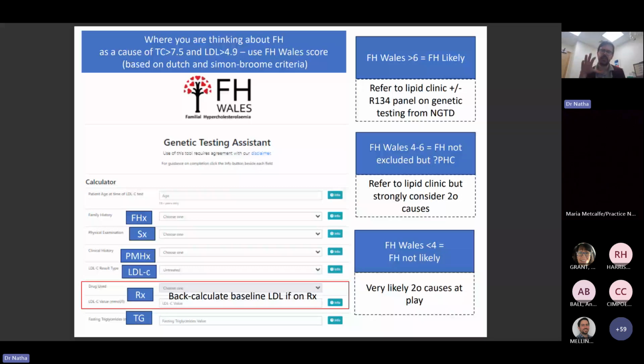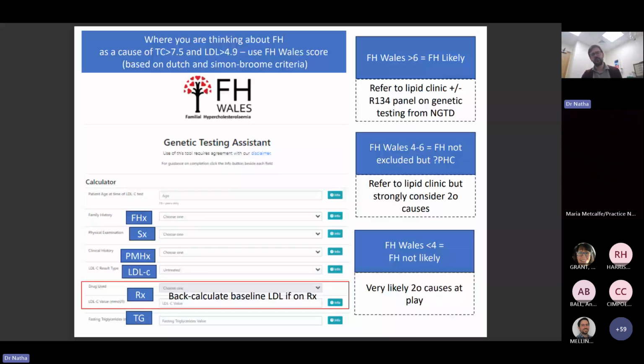This is being introduced to a degree in part within our referral forms through ERS to the lipid clinic. But if you're at a stage where you're trying to think whether or not to do an ERS about someone you're considering a genetic dyslipidemia in, the FH Wales tool can be helpful for that.